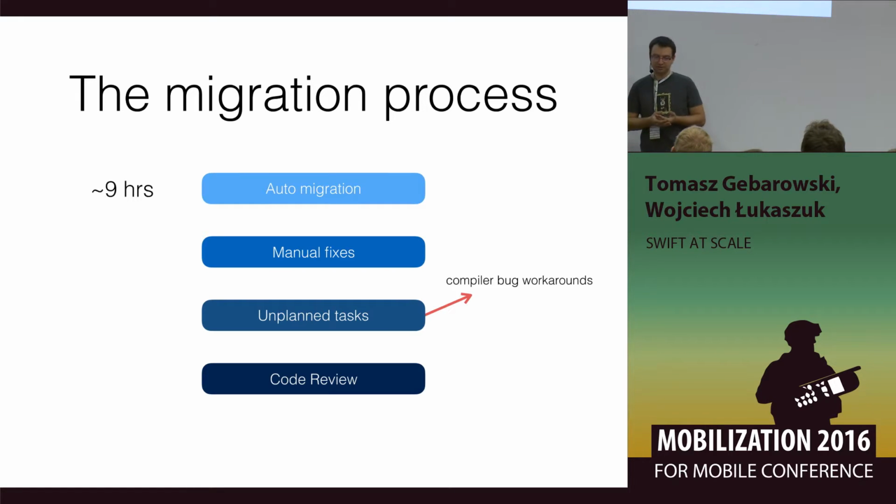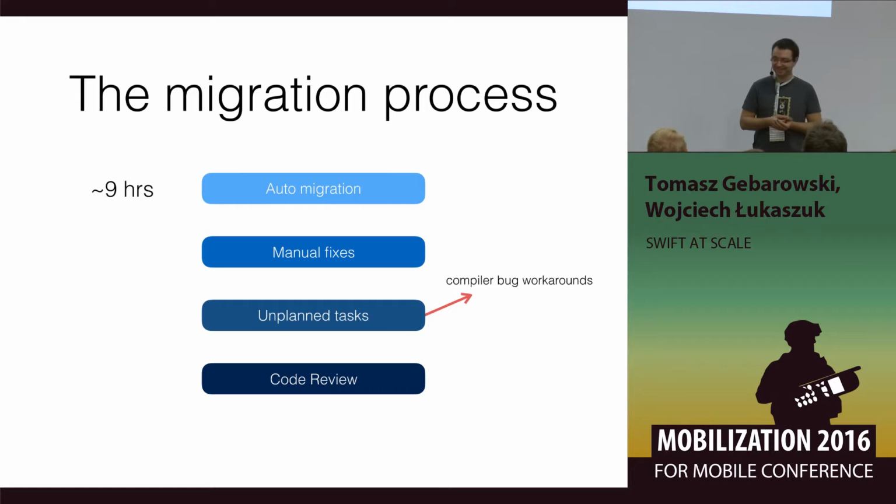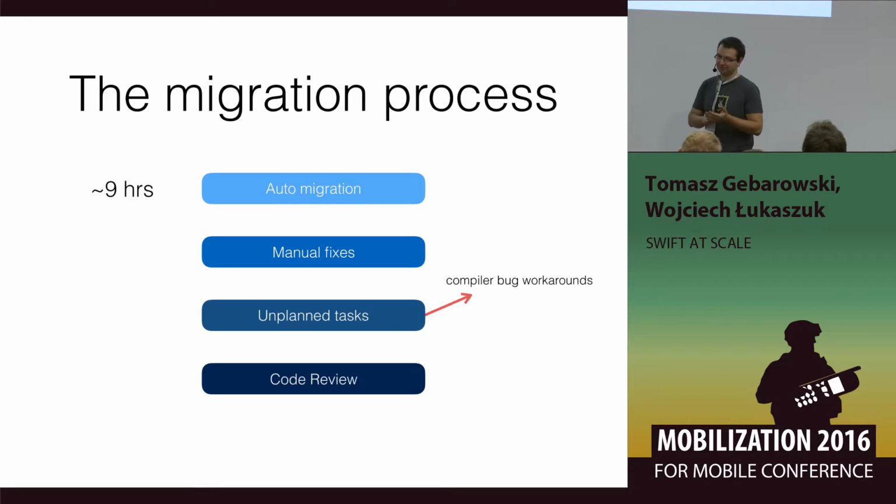So we had to revise this code, and we had some unplanned tasks. The task was finding a workaround to swiftc because it crashed again, and it crashed in a way that we couldn't build our project. I will describe it later. And after that, we had the code review. So this process took more or less three weeks.